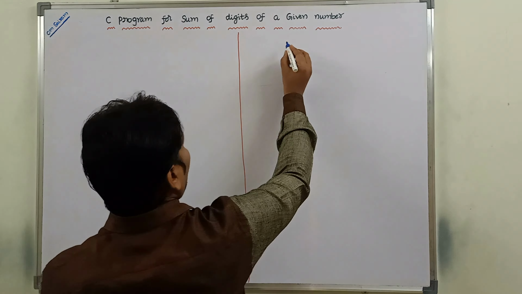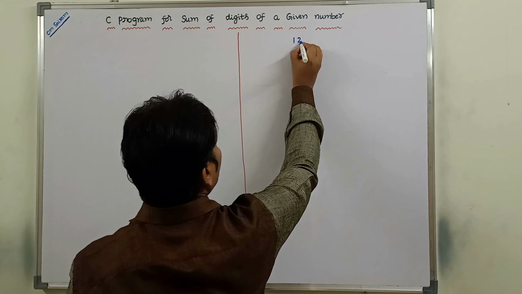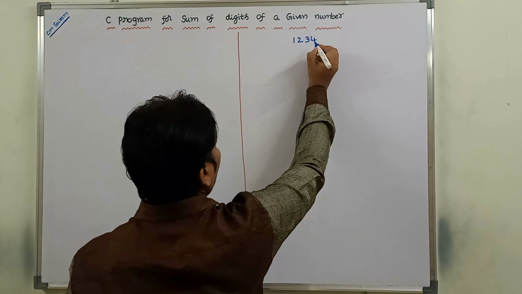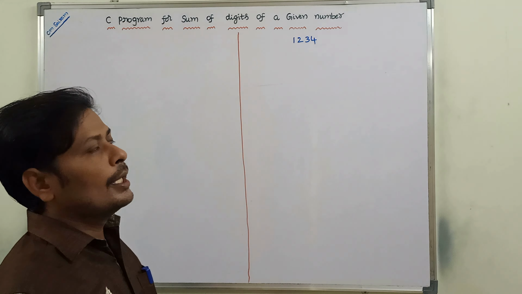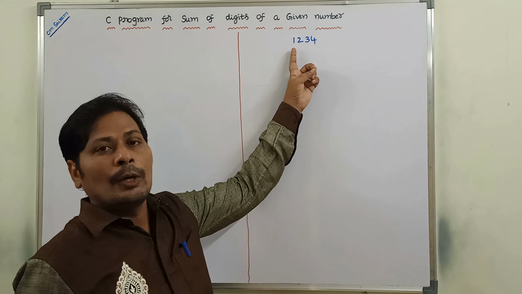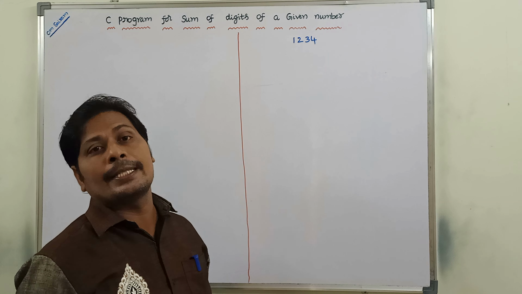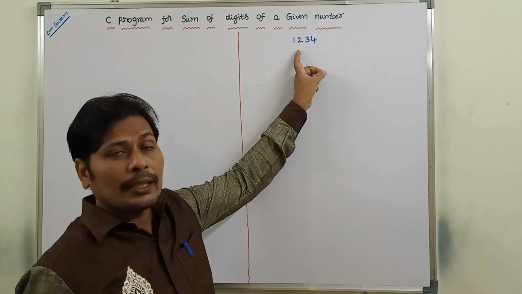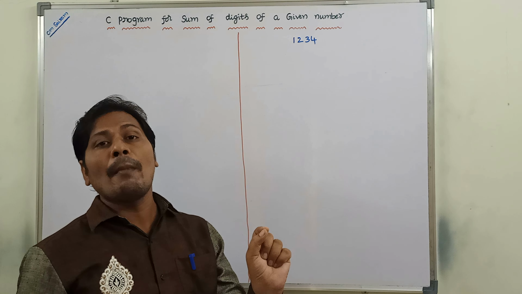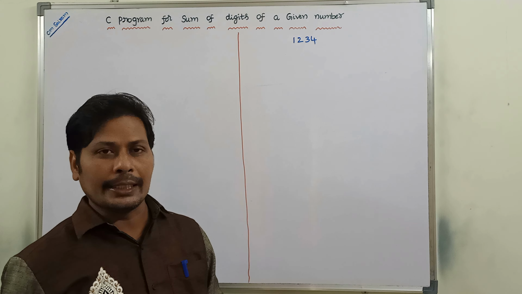Suppose the number I am taking from the keyboard is 1234. This is the given number. First we have to find the individual digits of this number, and then sum these individual digits.